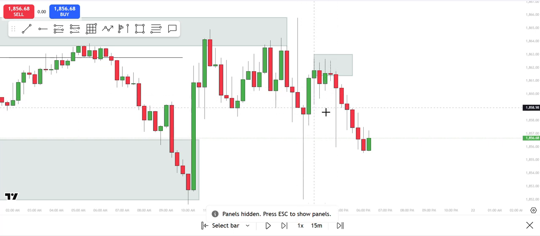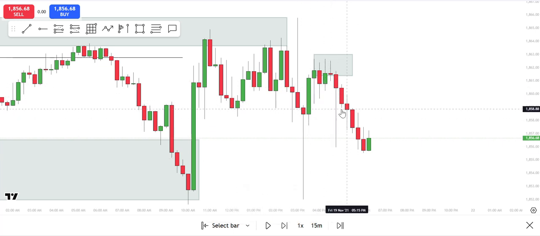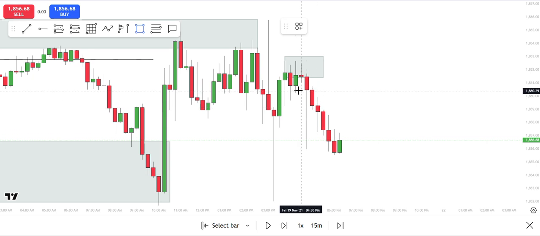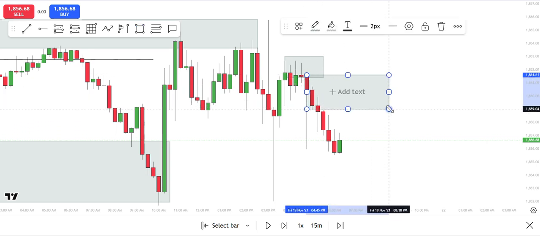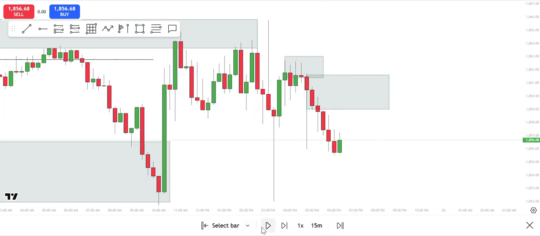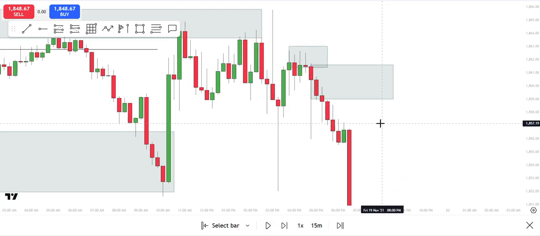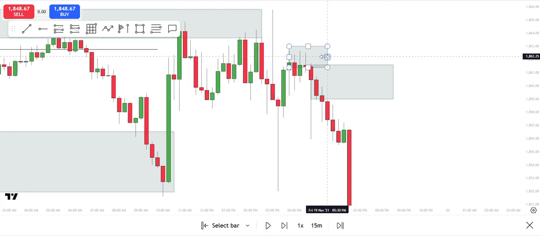There was a demand here that price took out, we validated it, and then we went and did a touch, and then it came down. So you should expect that eventually when price comes back, you should be able to pick this zone as an area of supply, react from there. And so price did react from there again, even coming back.